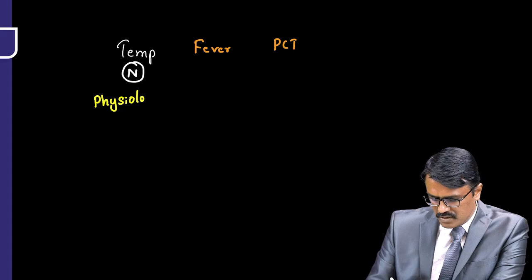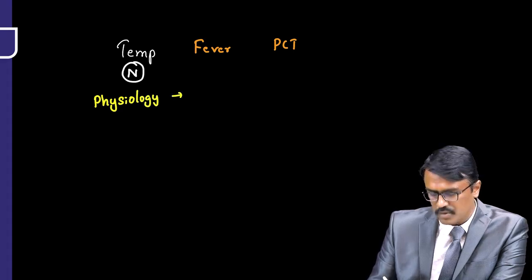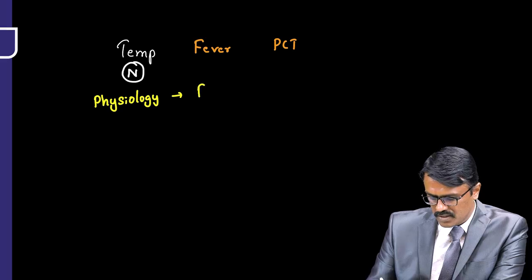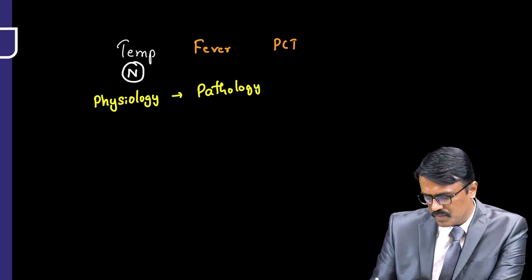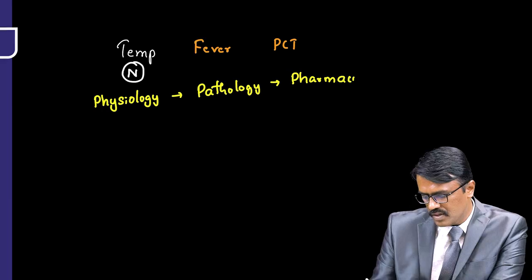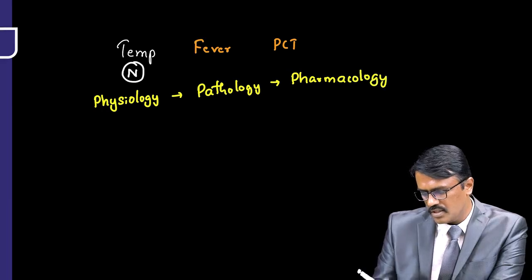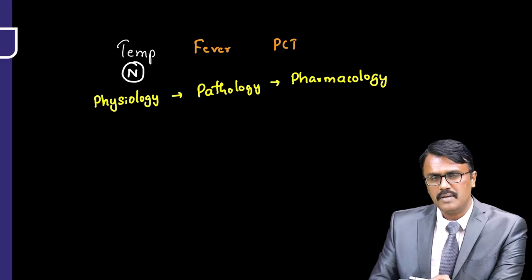You should understand physiology first. And you should know the disease process, that is pathology. And once you know the pathology, you should know the treatment, and that part is covered in pharmacology. So in our lectures, we have covered the physiology part a bit, pathology part a bit, and then pharmacology more.